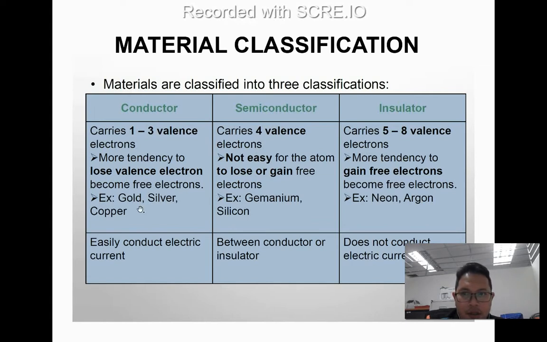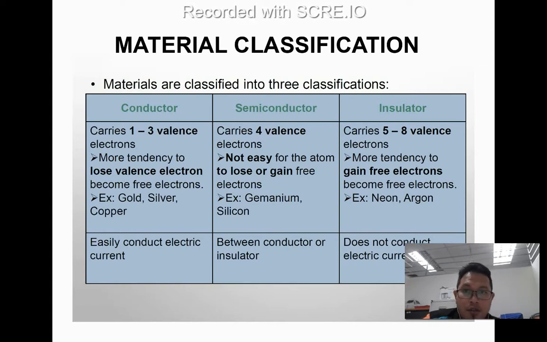A conductor has more tendency to lose valence electrons because it has fewer of them. Therefore, as introduced before, the fewer the valence electrons, the more easily it conducts electricity.